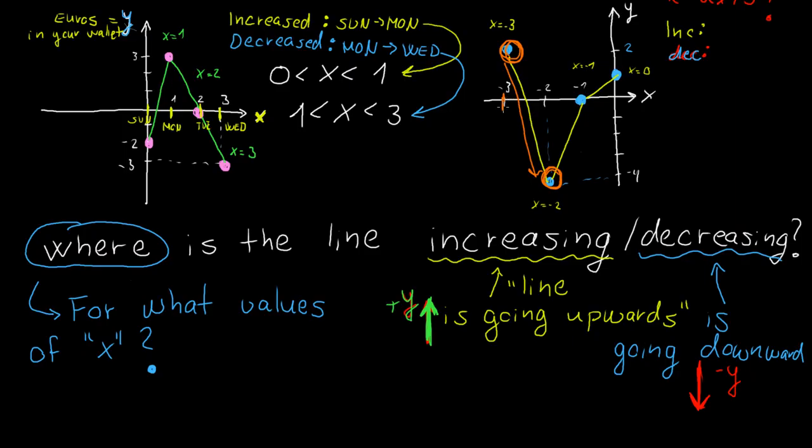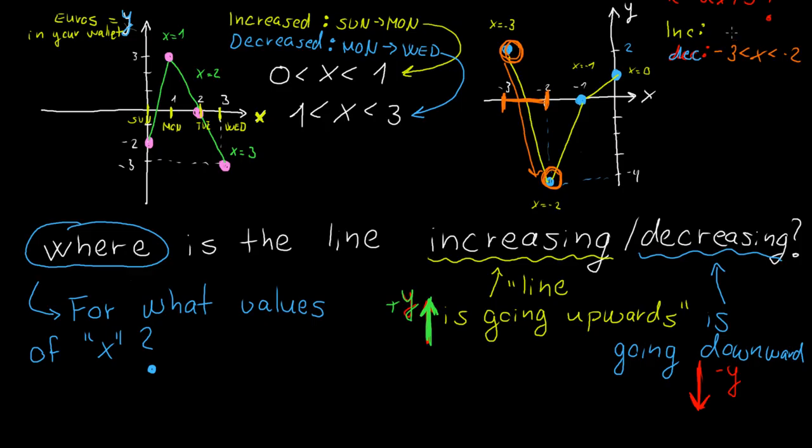So we see that it's decreasing from minus 3 to minus 2. That's decreasing. We start with a smaller value and we end up with the larger. Now, minus 2 is bigger than minus 3. You have to understand that.